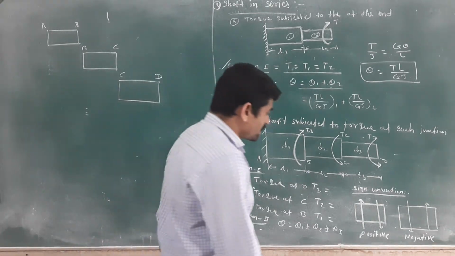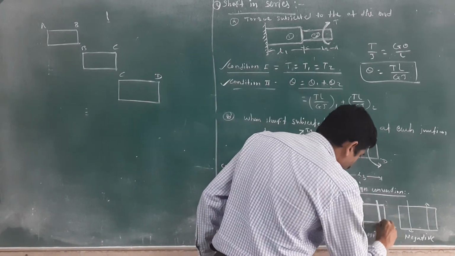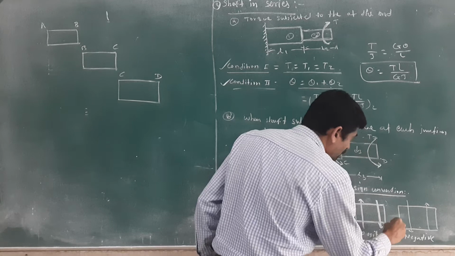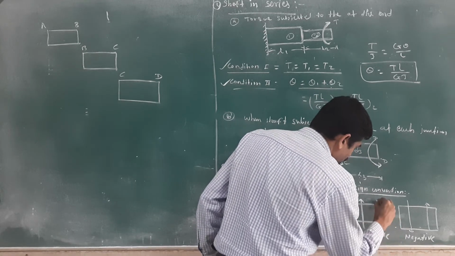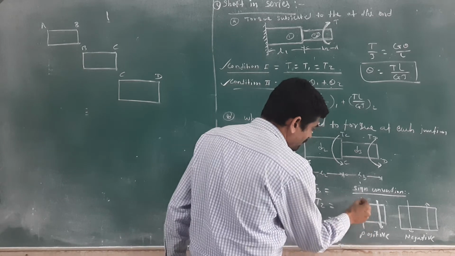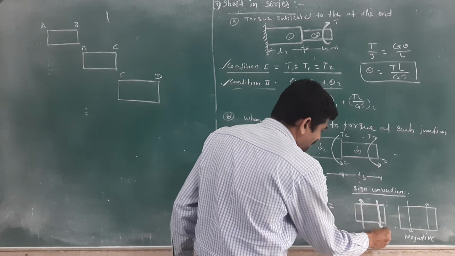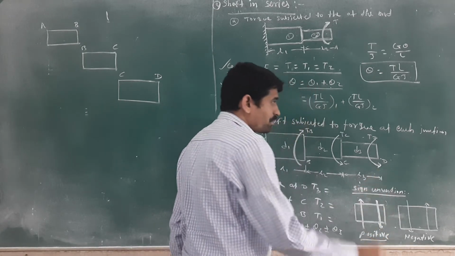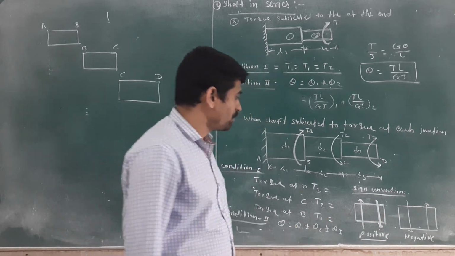And on the right side of the shaft, if the torque is in the anti-clockwise direction, then you should consider the downward direction. Here, left end upward and right end downward give the positive moment.